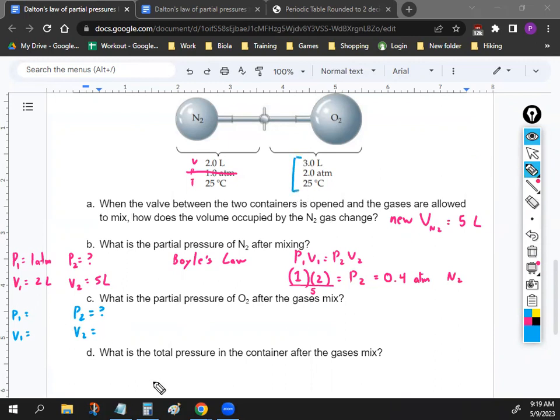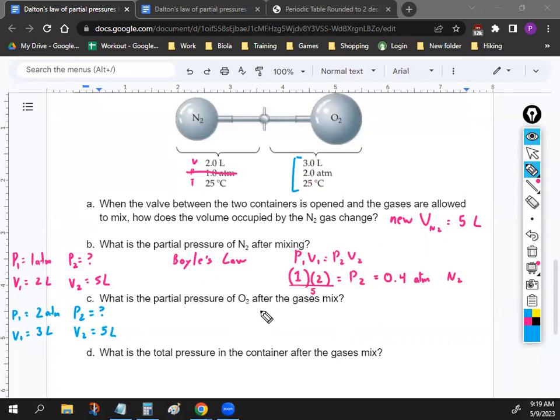What's the P1 of oxygen? 2. Yeah, the original pressure is 2. What's the original volume of oxygen? 3 liters. We're looking for P2. What's the new volume of oxygen after it's allowed to mix? Yeah, 5.